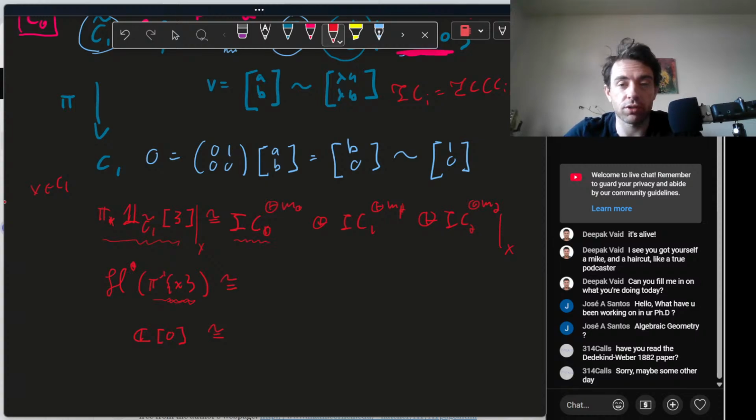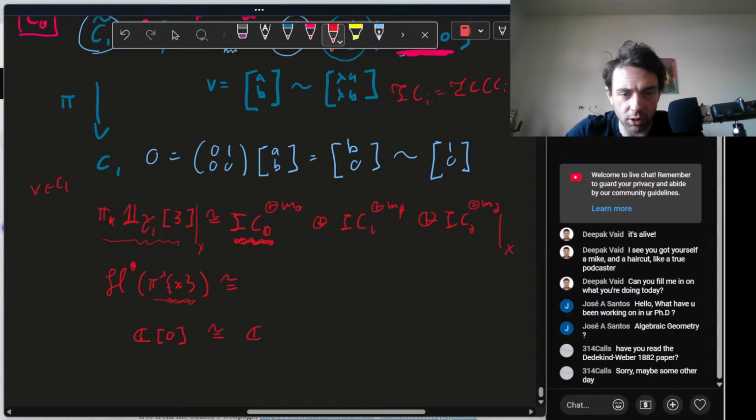IC0 restricted to X, well, maybe I should do this in terms of graded vector spaces. This is the skyscraper sheaf on 0, in degree 0.